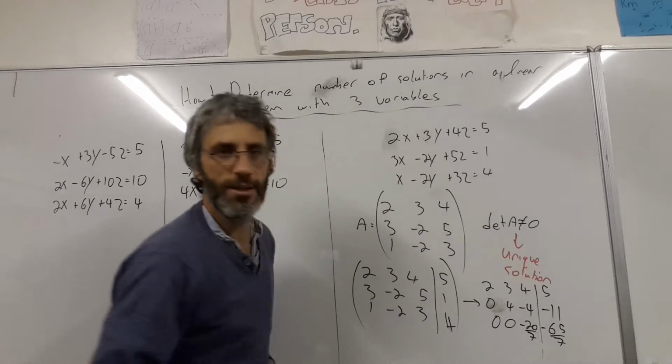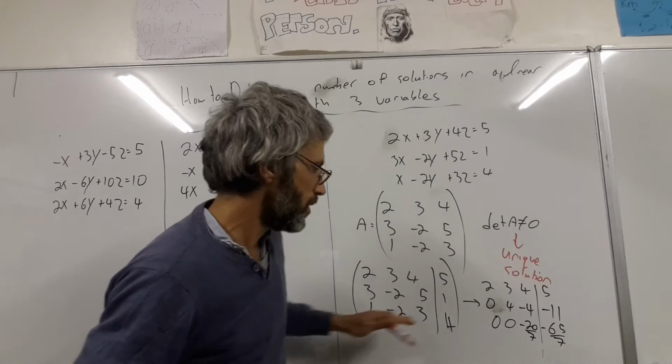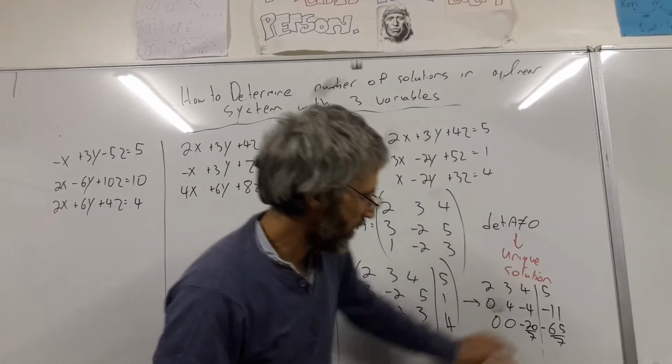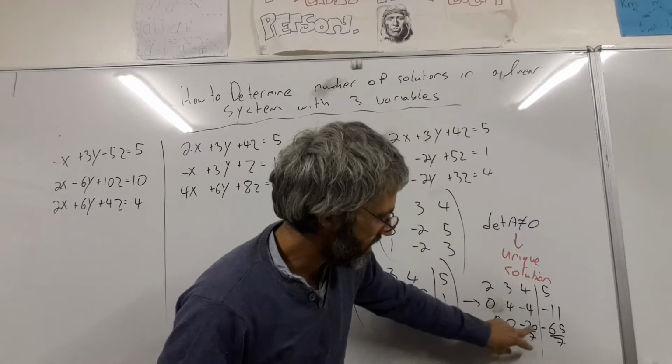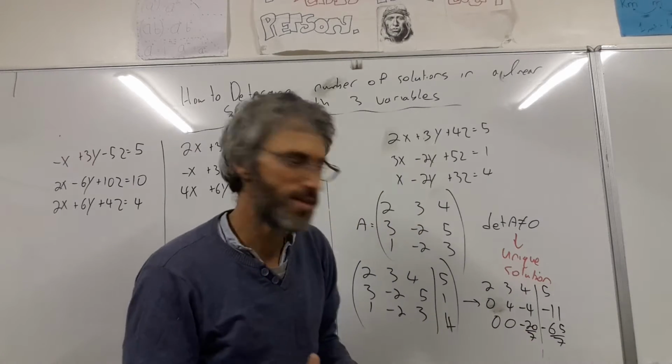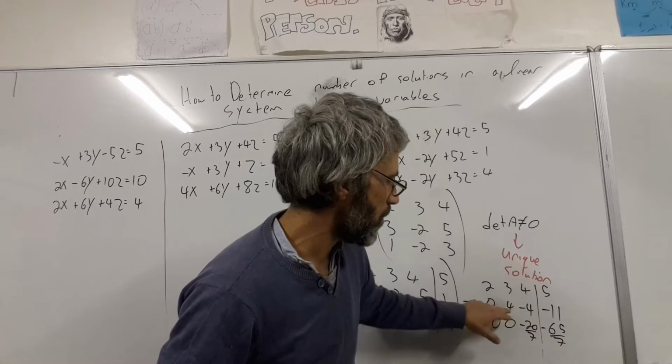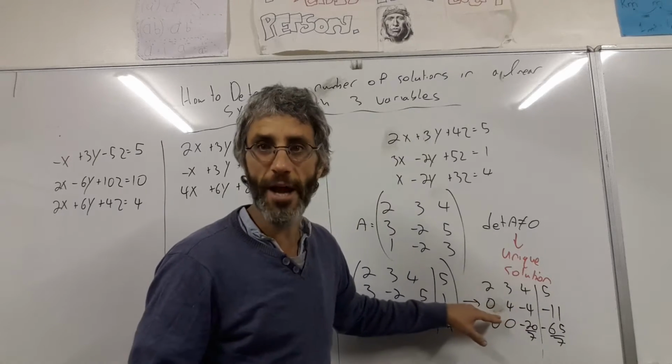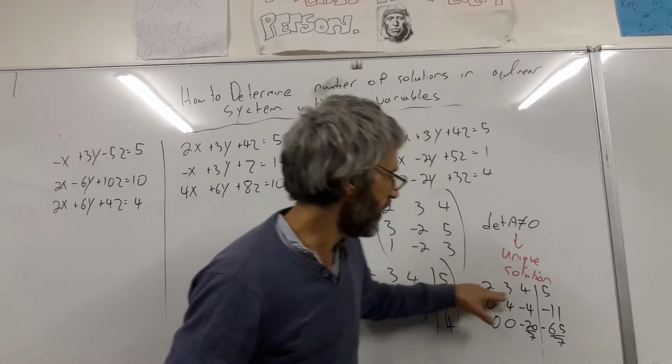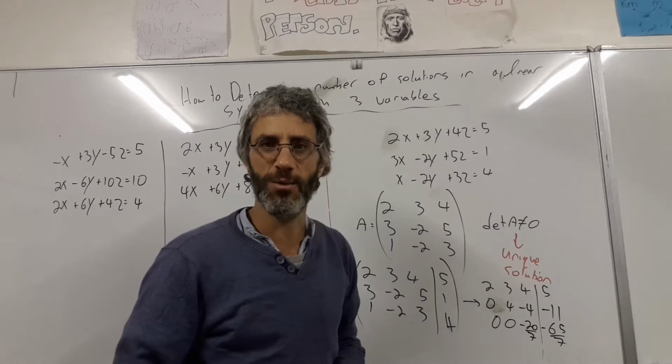So that's what I had, and we had a whole lesson about what the solutions are. So this is times z equal that, so you can find what z is. Then you use this line to find what y is in terms of the z that we found. And this last line will help us find what x is.